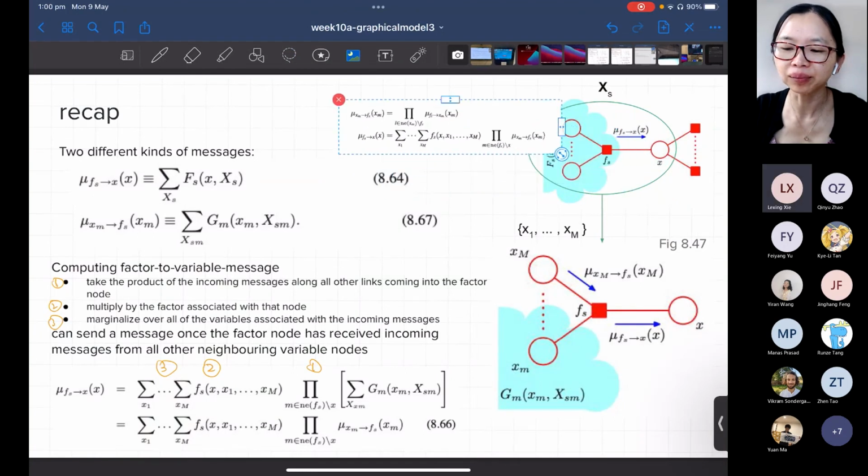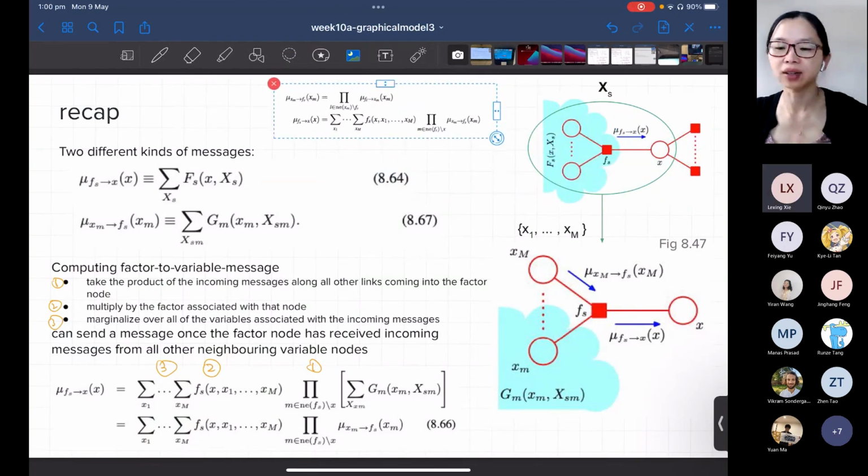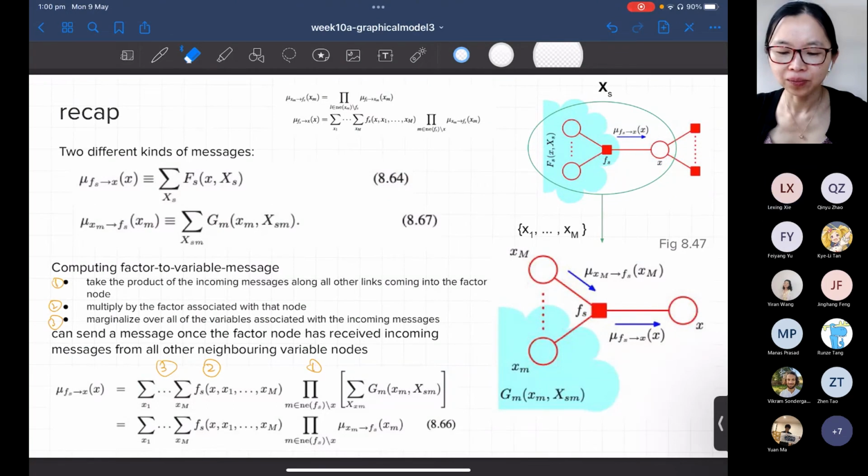So this is from Frey and Kschischang. These G terms, the sum of the G terms are node to factor messages.